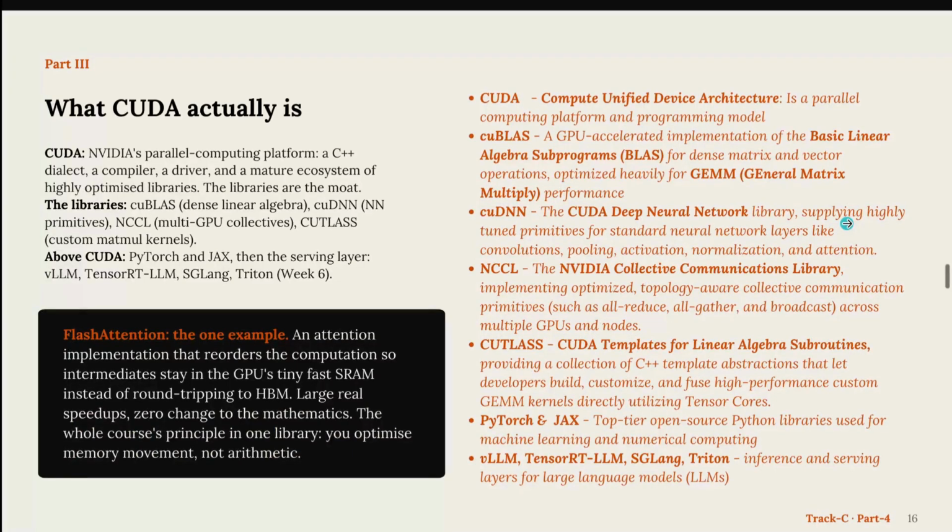So CUDA, like we said, is the Compute Unified Device Architecture. It's a parallel computing platform and programming model. It has a C++ dialect, a compiler, a driver, and a mature ecosystem of highly optimized libraries.